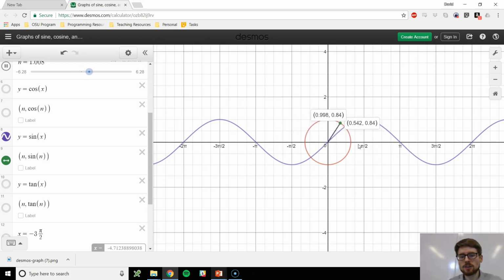Our y value is increasing, and then it's 1 at pi over 2. The y value is decreasing, it's 0 at pi. The y value is decreasing and negative, it's negative 1. And then it's starting to increase again towards 0 when we hit 2 pi again. Boom. So that's the graph of sine, and it's just the y-coordinate for that point.